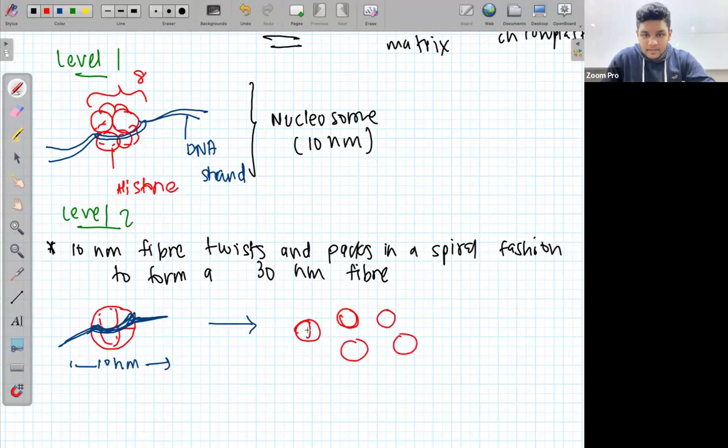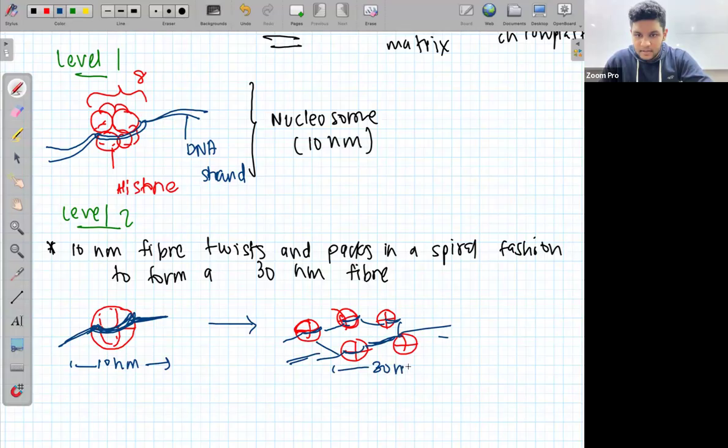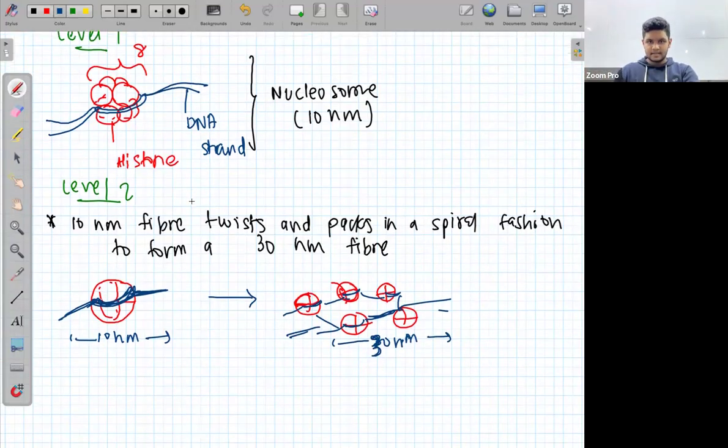There will be multiple ones present, and there will be DNA strands too. So this has a diameter of 30 nanometer. That's it.